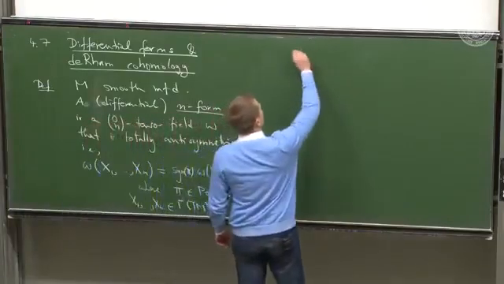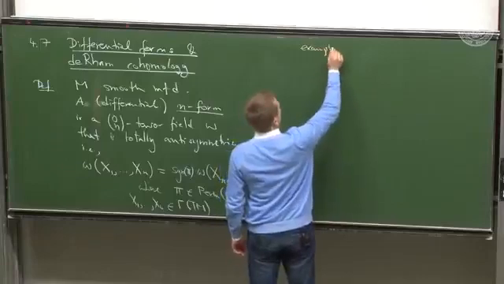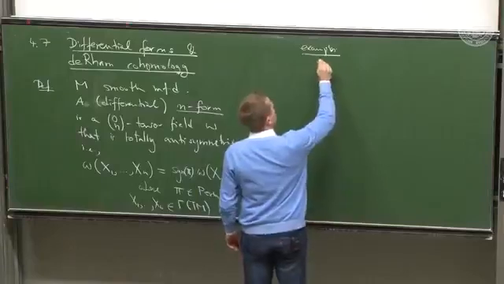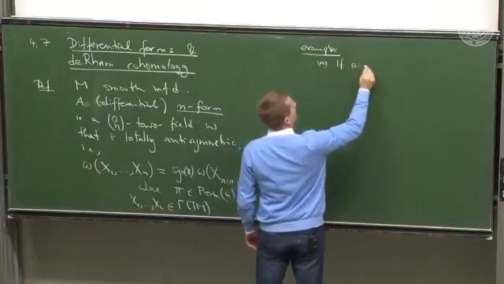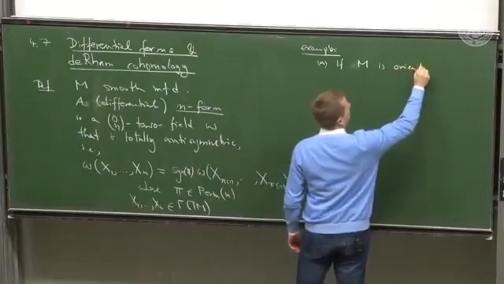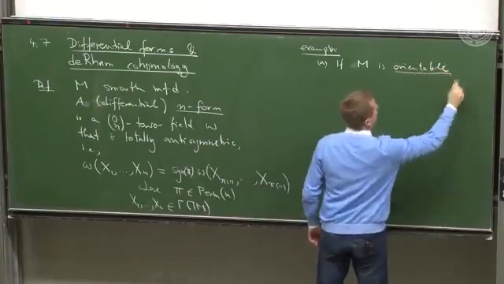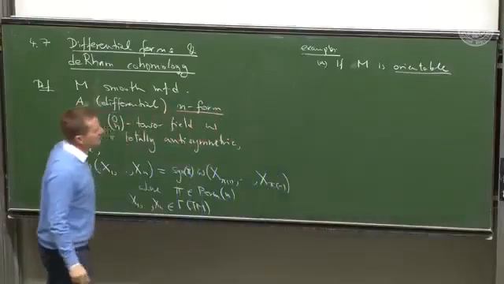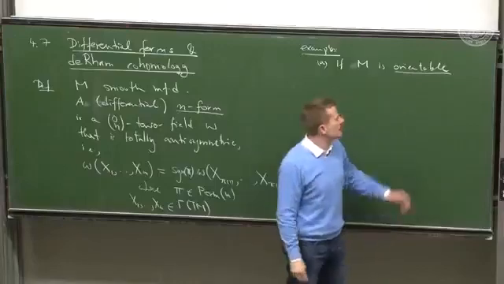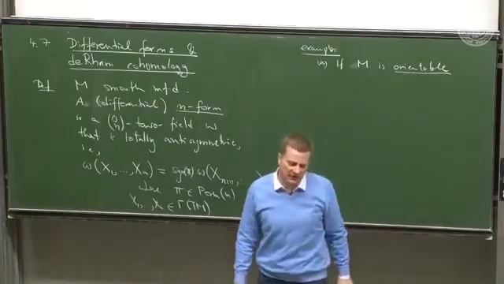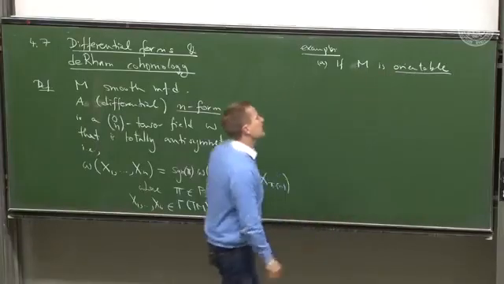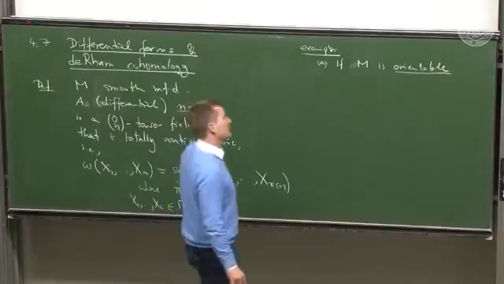Okay, so examples. I think we saw n-forms before, because if a smooth manifold M is orientable. Now, what is orientable? Orientable means that you can make a certain pick of charts, so you can restrict an atlas in a certain way, such that the transition functions behave in a certain way.